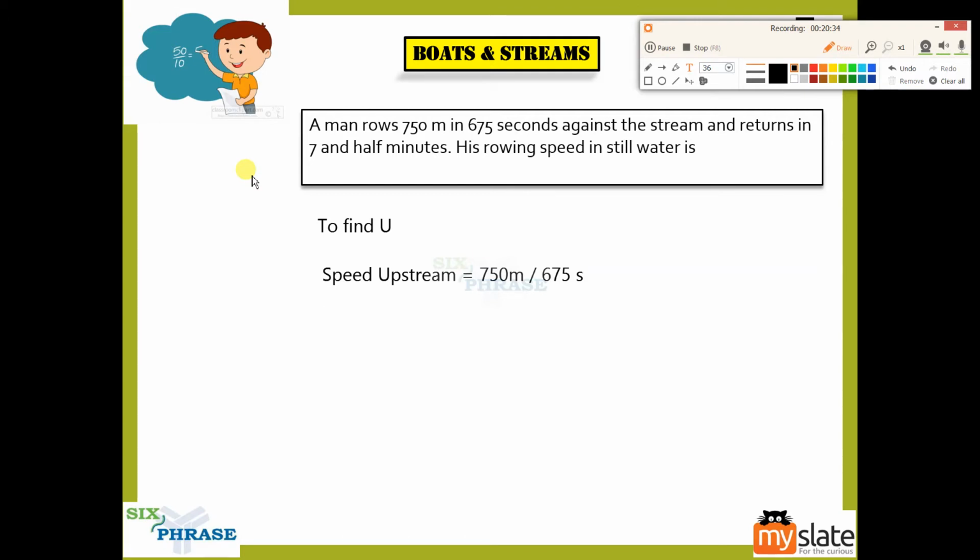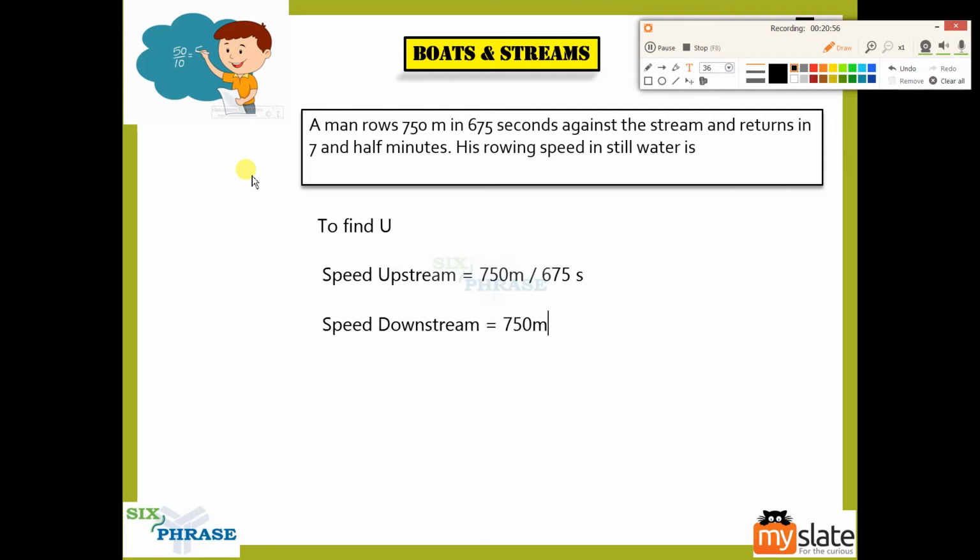And it also says it returns in 7.5 minutes. What it means is, while going he is going upstream, while coming back he'll come downstream, right? So speed downstream will be where he returns, meaning the distance is the same.